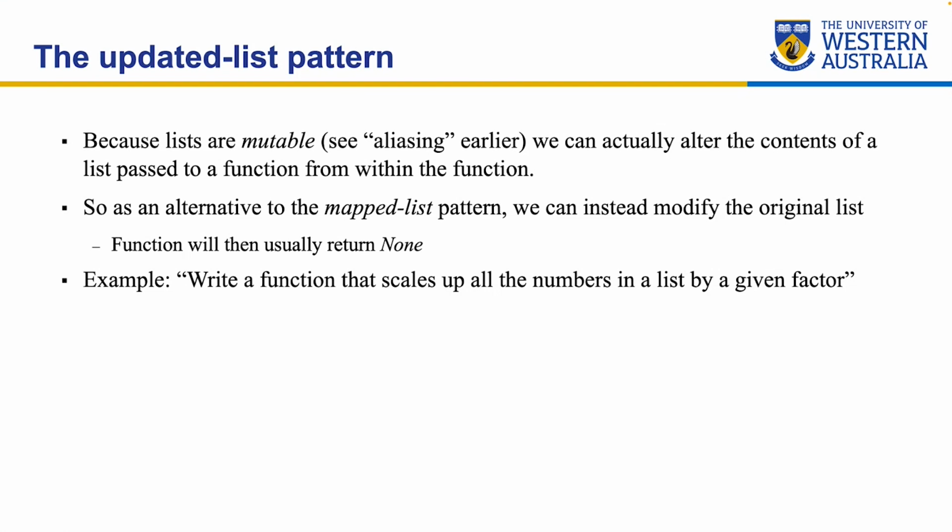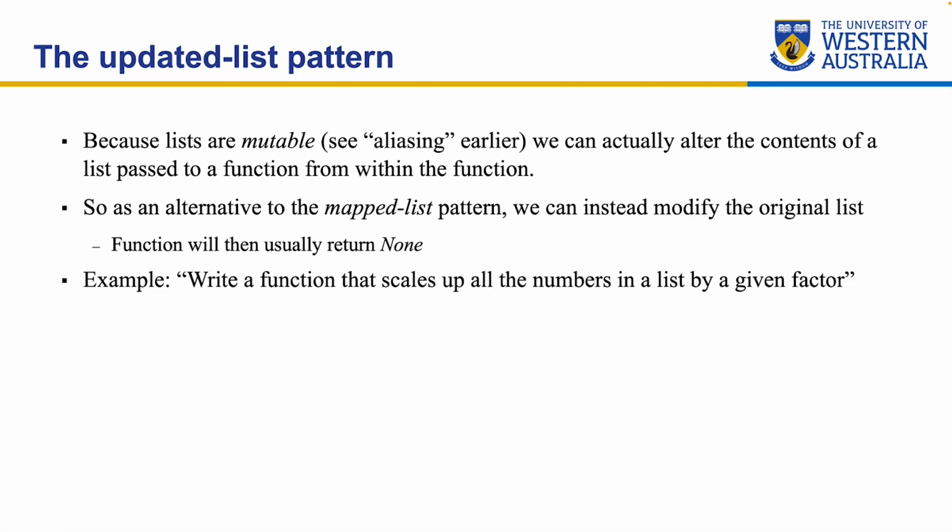This is important because now we are looking at the updated list pattern. We can do this with lists because lists are mutable, which means we can update the values, whereas we cannot apply this pattern onto strings or range, which are immutable. So as an alternative to the mapped list pattern, where you end up with a new list that contains the newly calculated values, we can instead modify the original list.